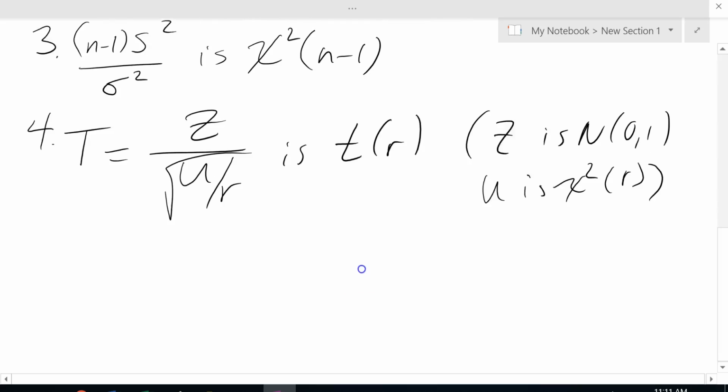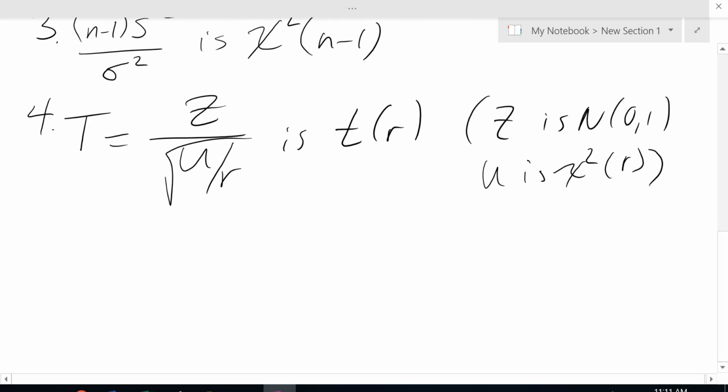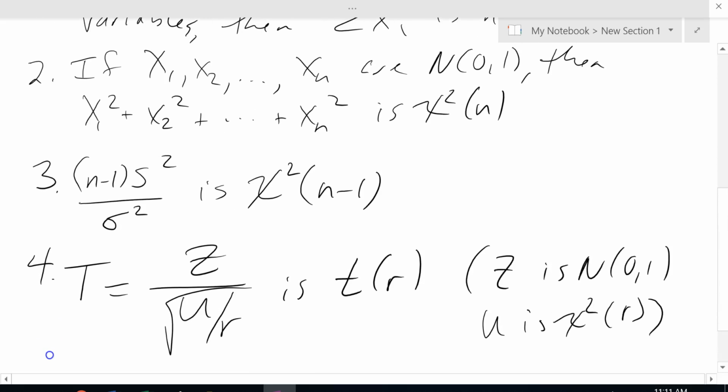As an example of what I mean by this, say I defined a random variable, and I'll just call it T. Just assume that we've got a random sample x1 to xn from the standard normal distribution, same setup as this part here.